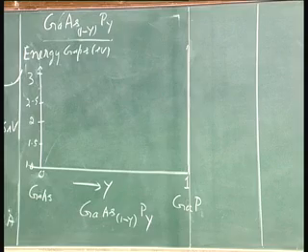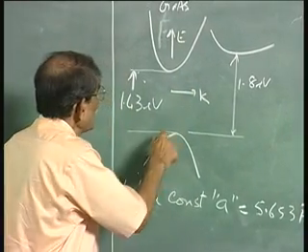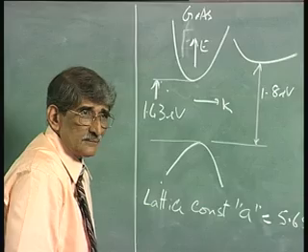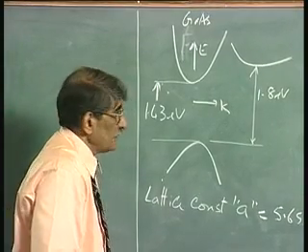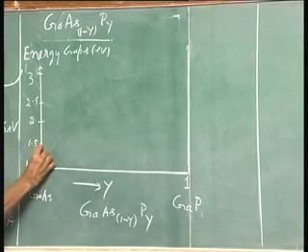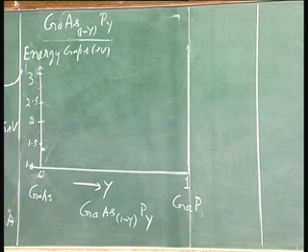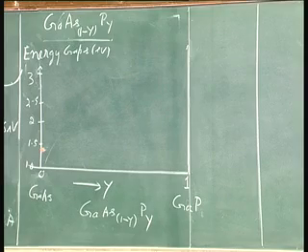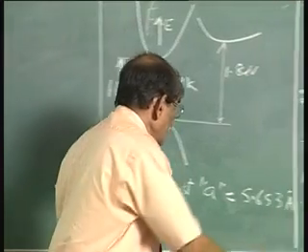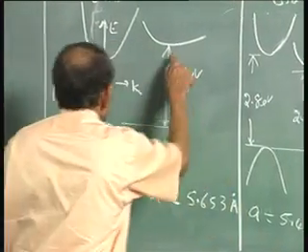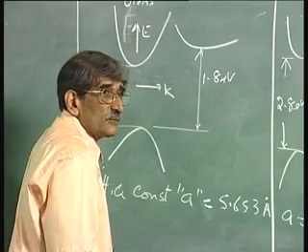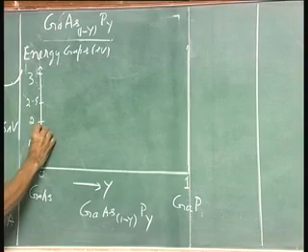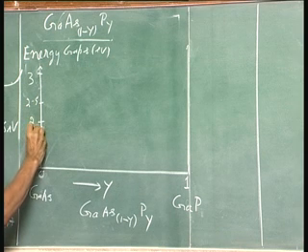Now, if you take a look at the gallium arsenide, you have a direct band gap of 1.43. That I will mark here, with some color, 1.43. And if you take a look at this gap, that is 1.8, that is somewhere here.